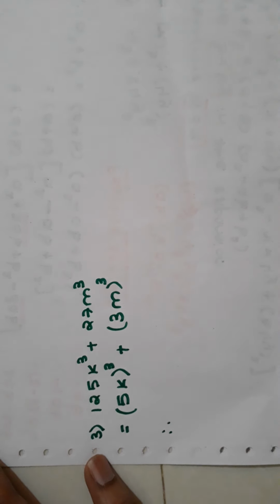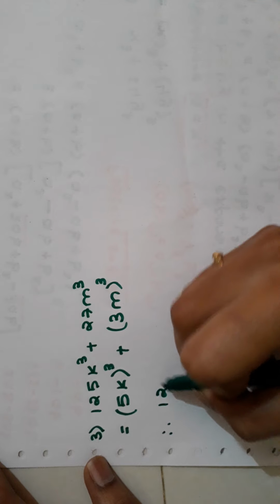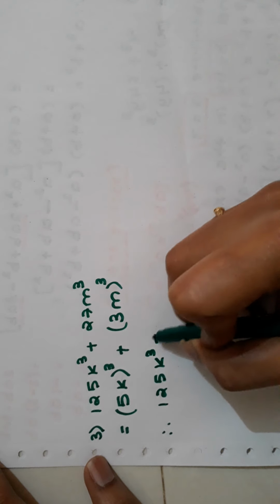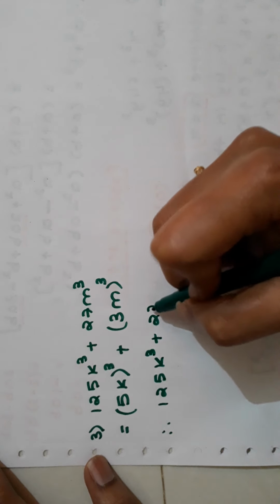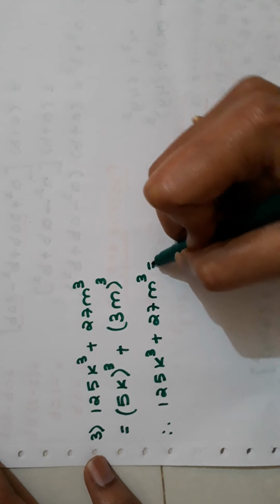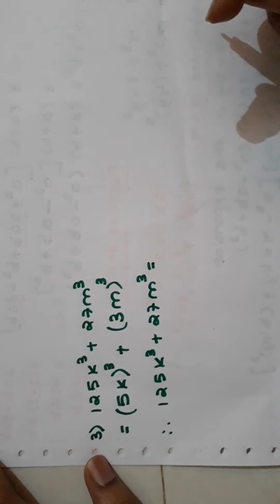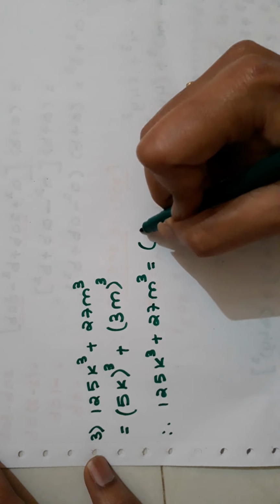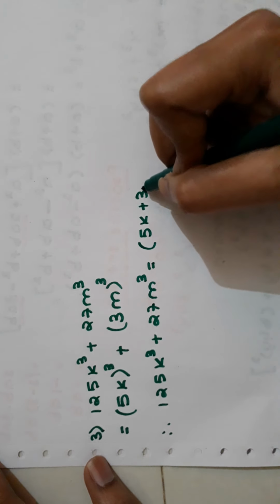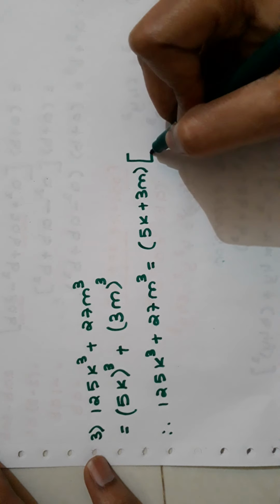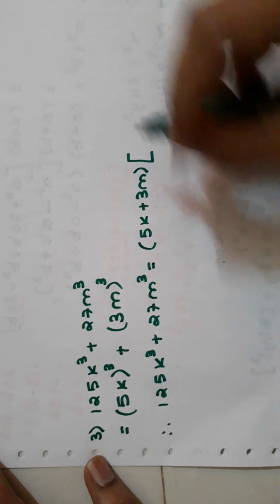So therefore, 125k cube plus 27m cube. I am directly using the formula. In place of a substitute 5k and in place of b substitute 3m. 5k plus 3m, square bracket, a square.